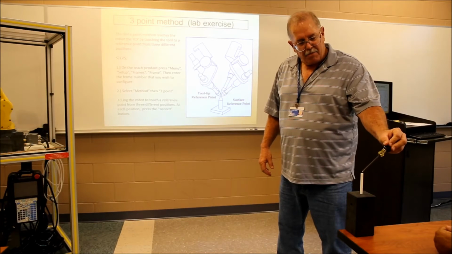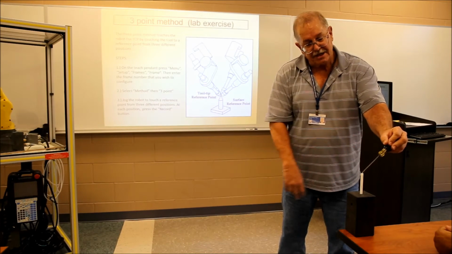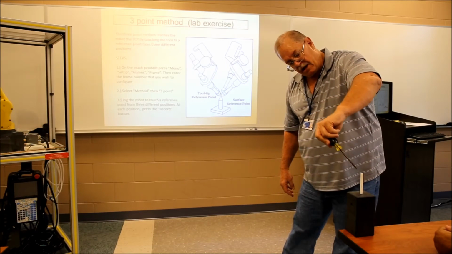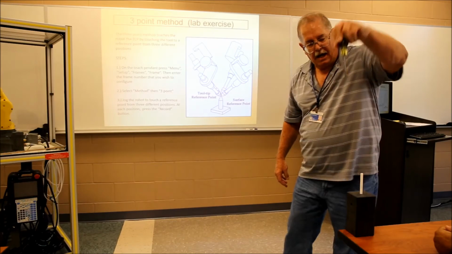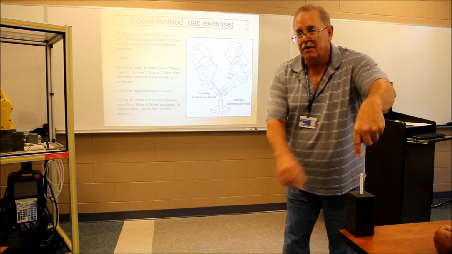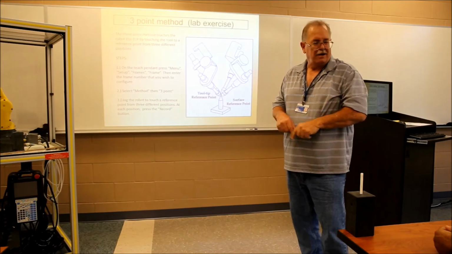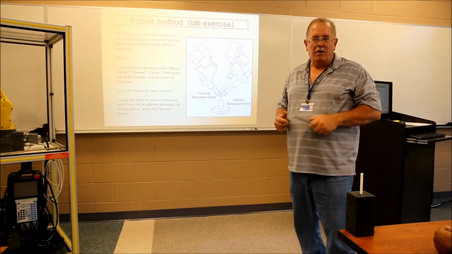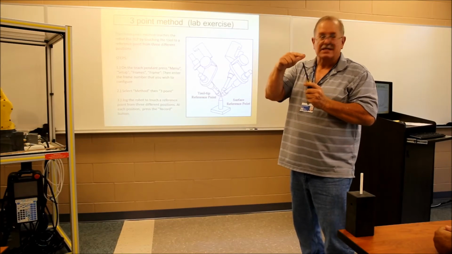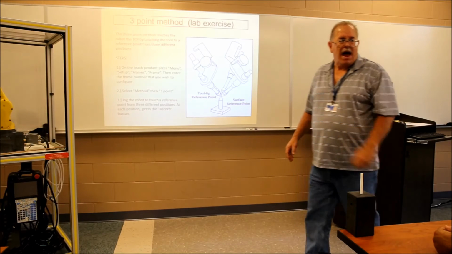I can tell it where that point is right there. Now it knows where the arm is, it knows the rotation, knows everything else. I bring this to another angle, I do it a second time. I bring it and do it again a third time. If each of those angles are approximately 90 degrees to each other, we will determine 3 planes. Those 3 planes intersect at one point, and that robot will know exactly where the end of the screwdriver is. And it does all that complex spherical math for you.